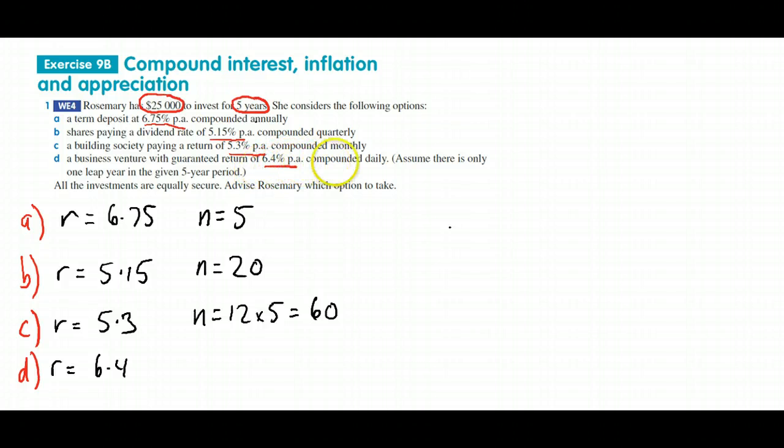And for D, it's compounding daily, so n equals 365 days a year for 5 years. We're going to have to put that into a calculator.